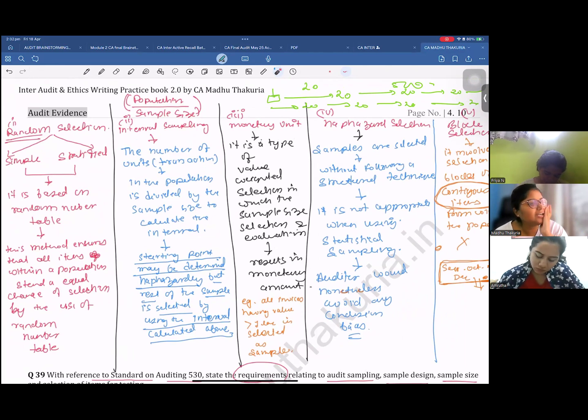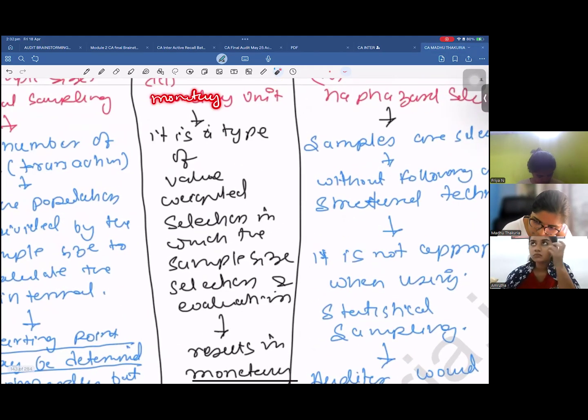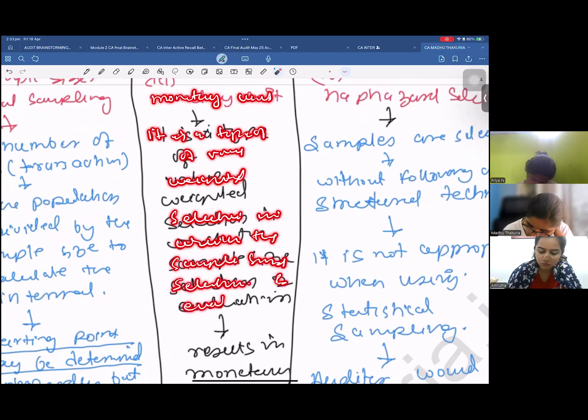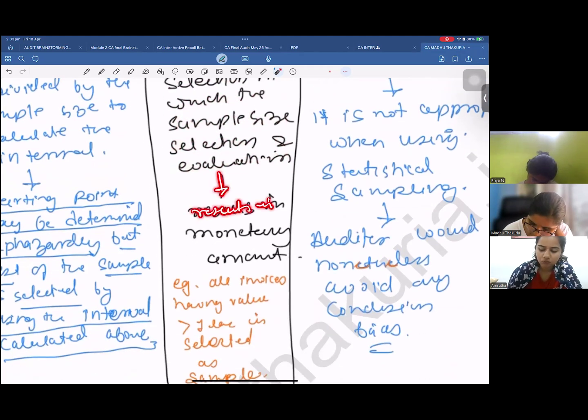Done with the random selection and interval sampling? Yes. Then comes the monetary unit. It is a type of value weighted selection in which the sample size selection and evaluation results are in monetary amount.